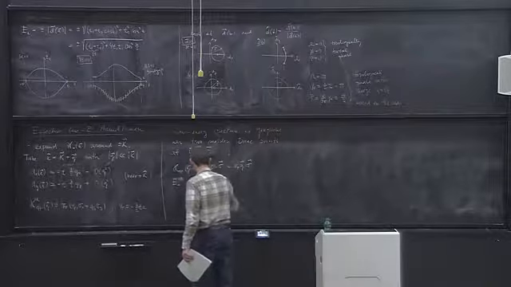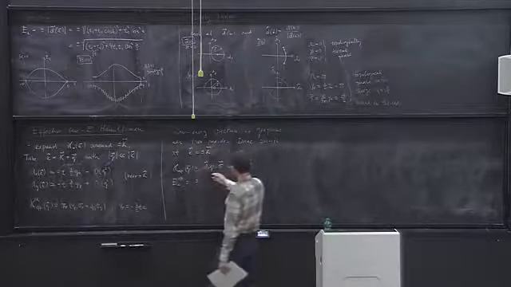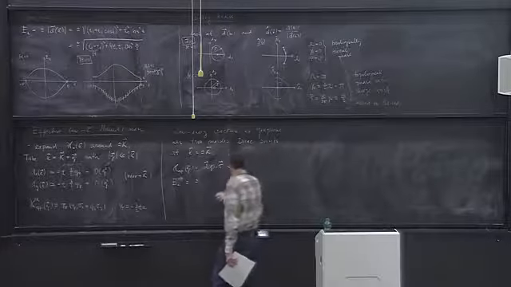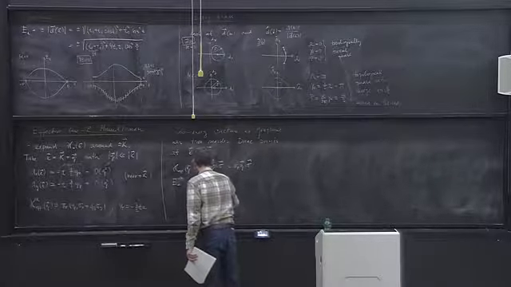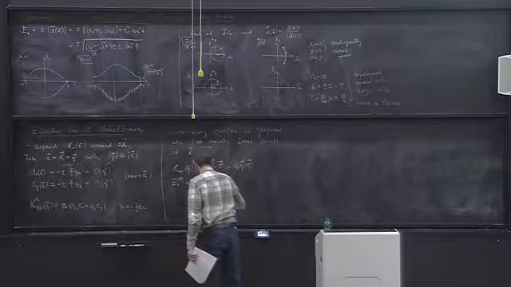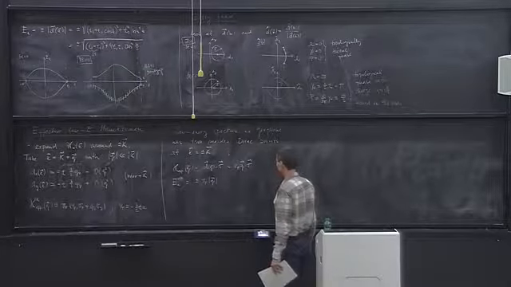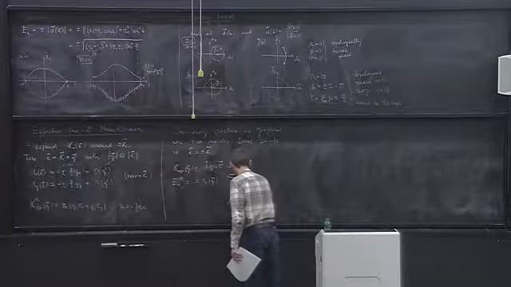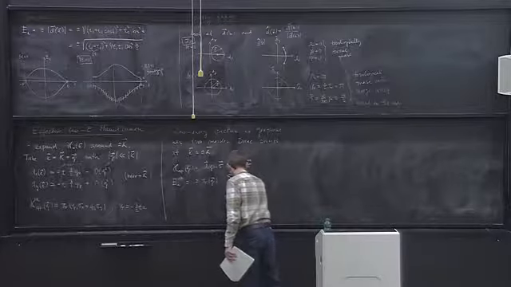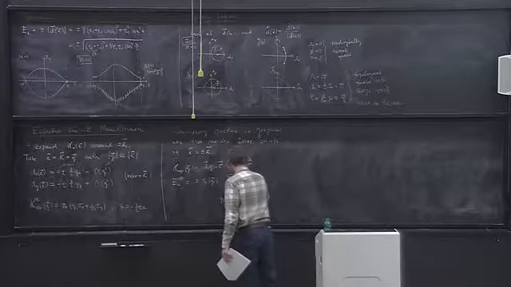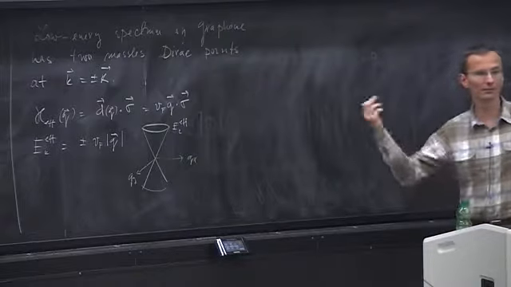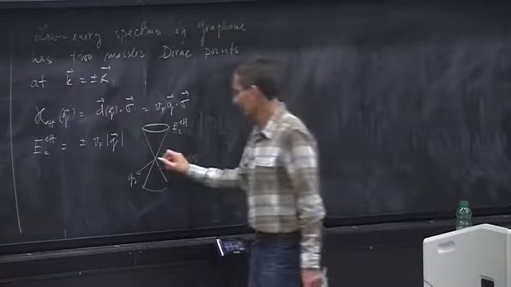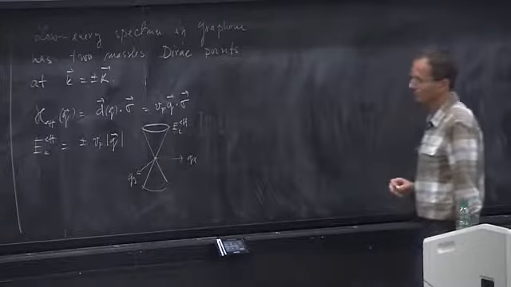And this is just going to be plus minus the length of this D vector. But this is just plus minus v_F times the length of Q. And so this dispersion simply looks like this, right? Where this is Q_x, Q_y, E/(ħ v_F). And this is the massless Dirac spectrum that you probably have seen in high energy physics.